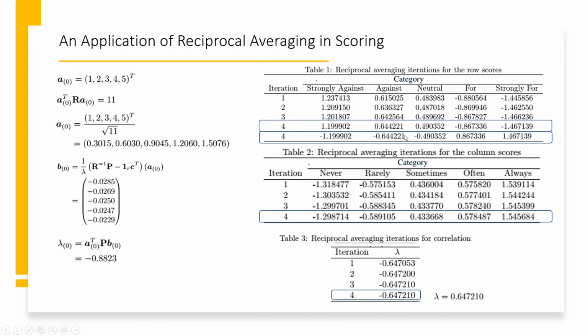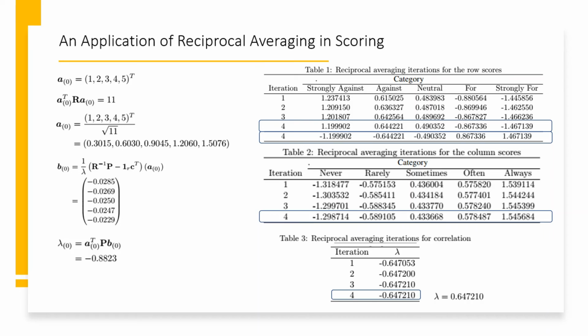We can multiply the row scores by -1 and leave the column scores unchanged so that the correlation between them is positive, 0.647210.